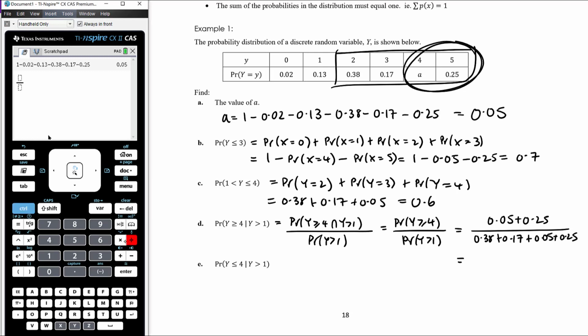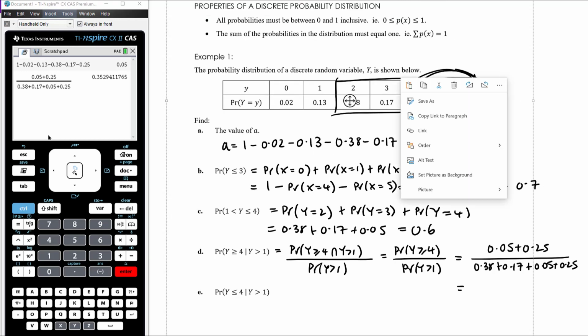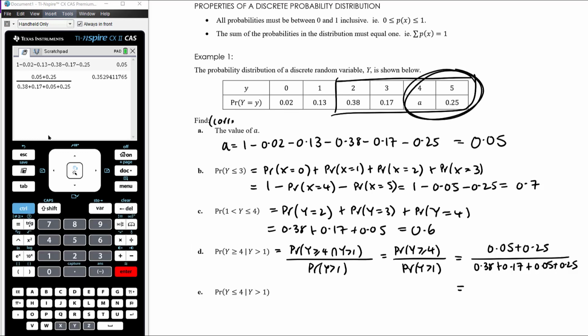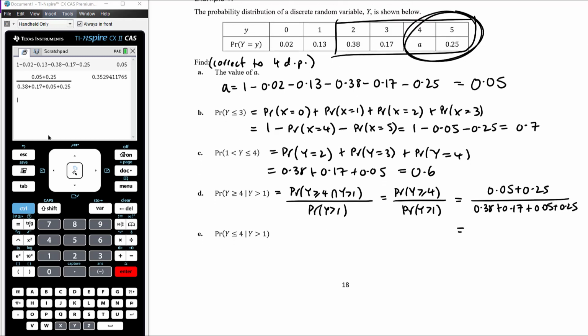I might just work that out here. 0.05 plus 0.25 should be 0.3 on the numerator, over 0.38 plus 0.17 plus 0.05 plus 0.25. Sorry, the question should specify here, let's say, correct to 4 decimal places. 4 is quite a common level of accuracy in Methods.